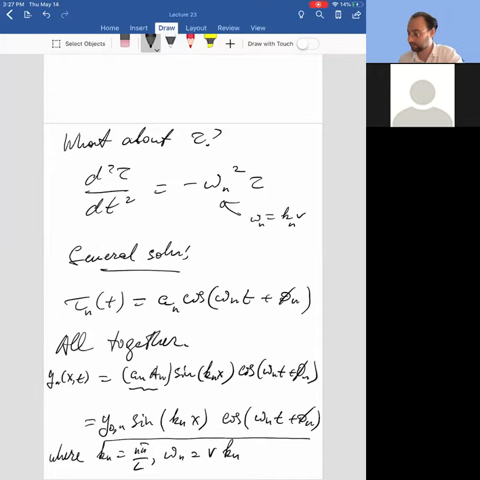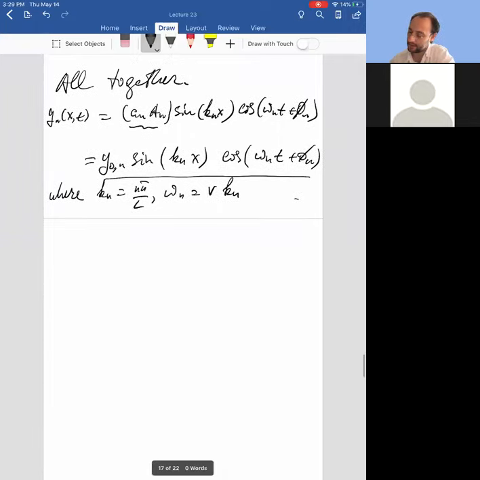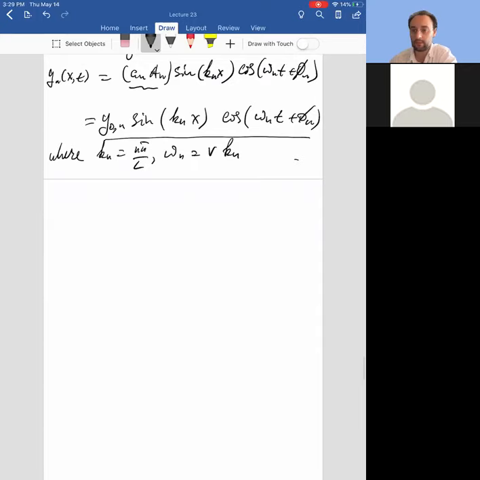And how do we visualize this? This might look too intimidating for you. If I drop the sub n, let me lighten the notation.